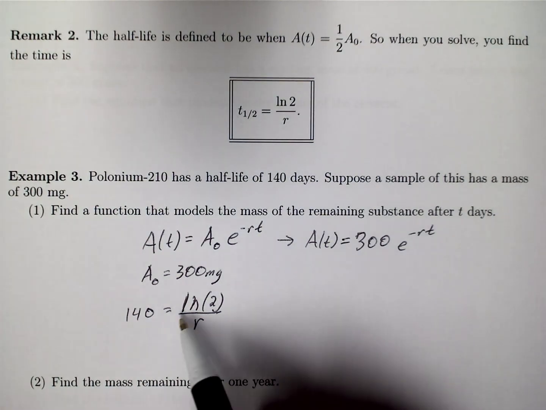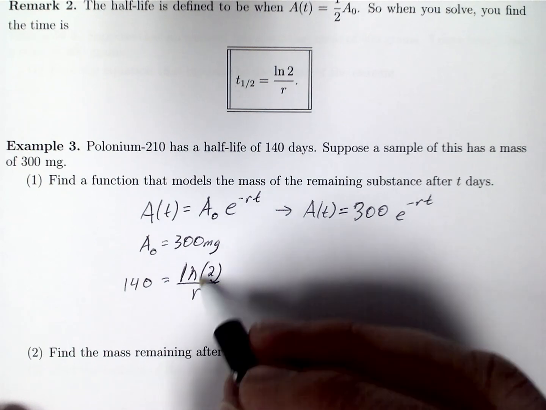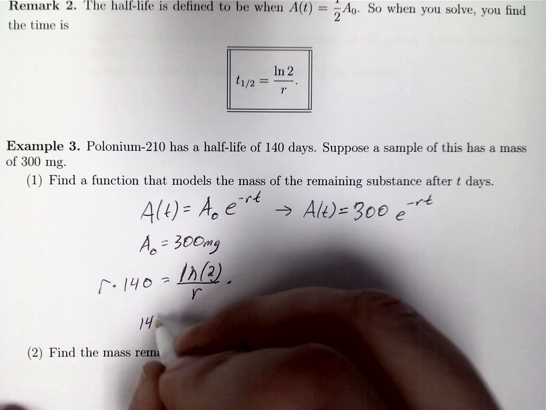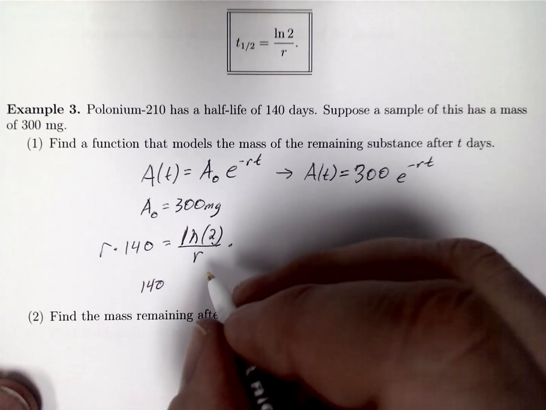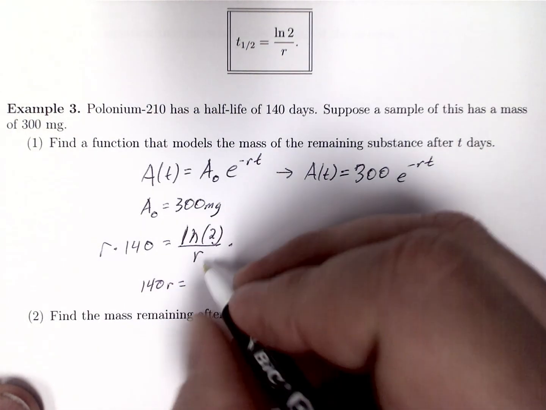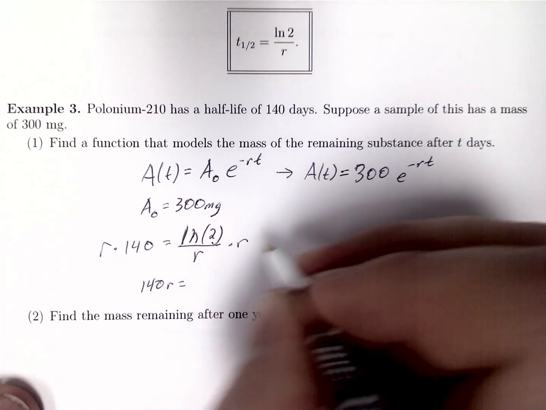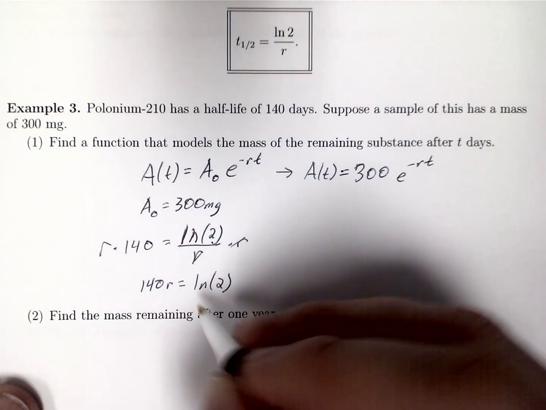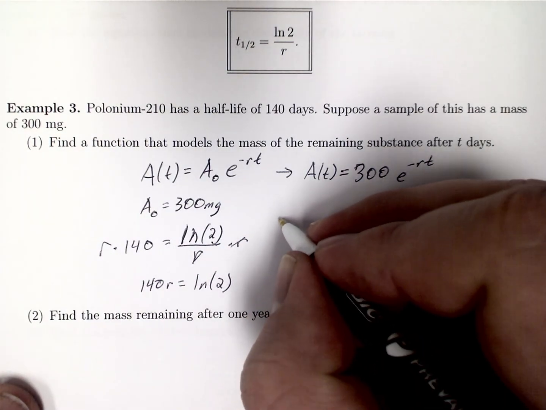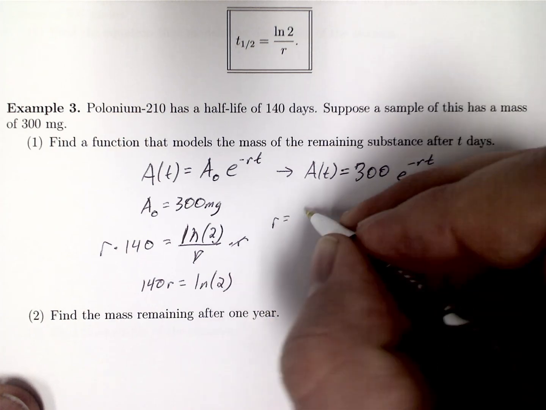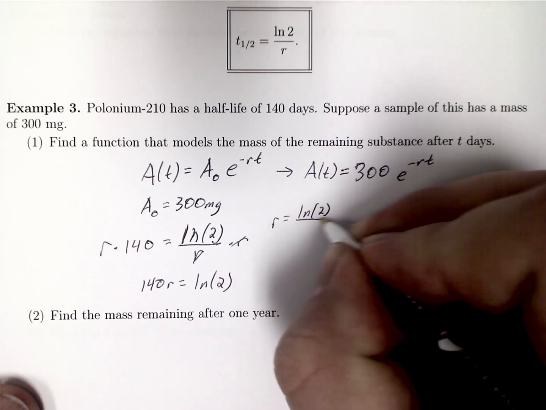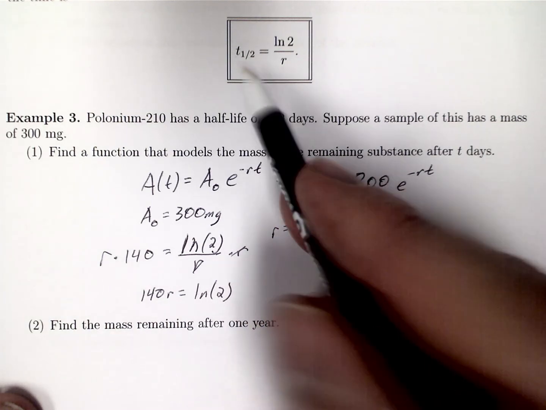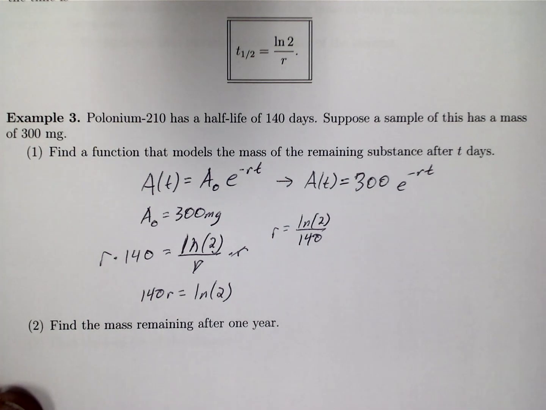So from that, we can just solve. We have a fraction, so multiply both sides by R. So on the left side, we have R times 140 equals 140R. On the other side, we multiply by R, the R's cancel. To solve, you can then divide by 140. So R is equal to ln of 2 divided by 140. The half-life and the R can more or less swap positions if you're trying to solve for one or the other.